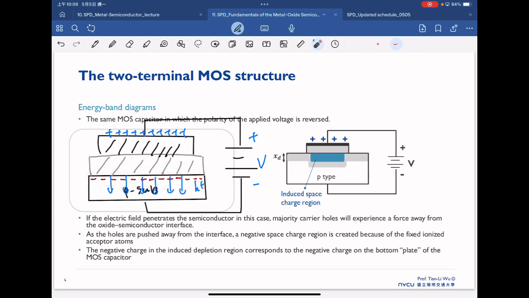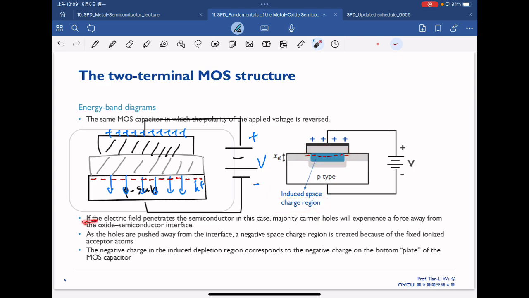So this is the schematic as shown on the right. And because right now we try to induce a certain negative charge, in this case we are able to induce a space charge region on this interface.